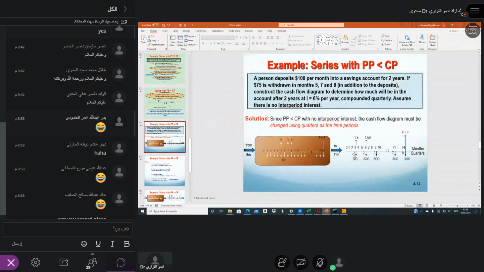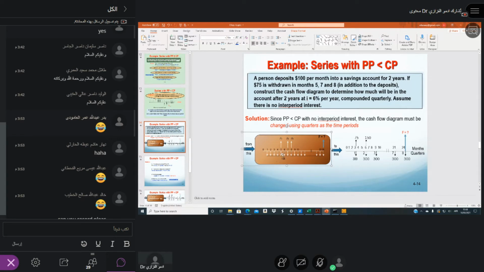So this month number 3 coincides with the end of the interest period. So all the negative cash flows, you add them together at the end of this interest period. So 100 plus 100 plus 100. At month number 3, you must have deposited 300.